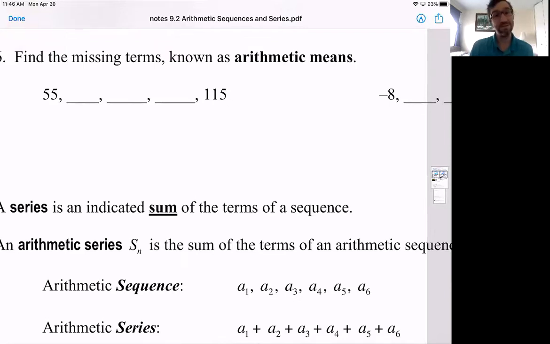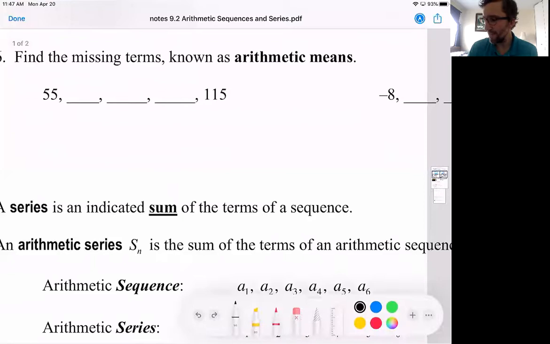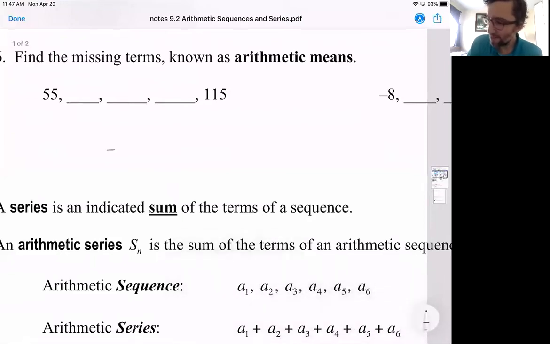In a later lesson, you'll talk about finding geometric means, the missing terms of a geometric sequence, but this is an arithmetic sequence. So like I said, one approach that you can use: you know the first term is 55, and you know the 1, 2, 3, 4, 5, the fifth term is 115.